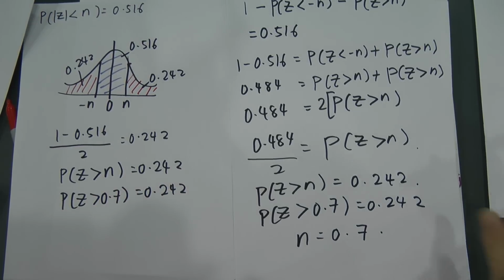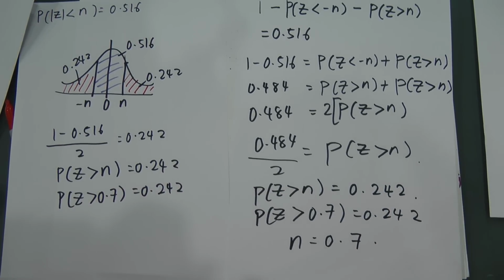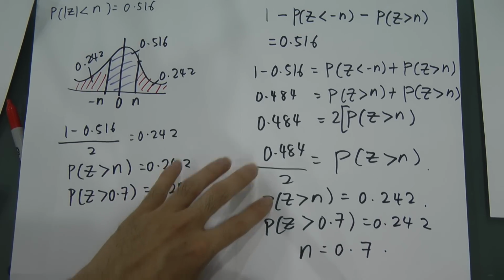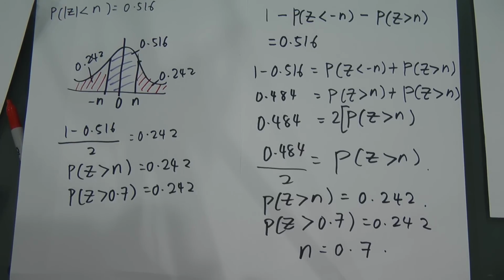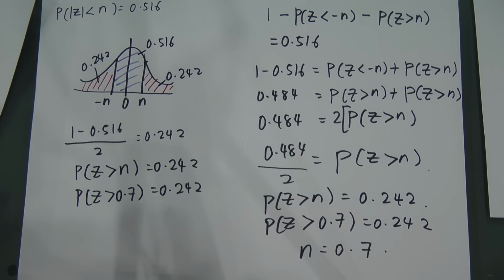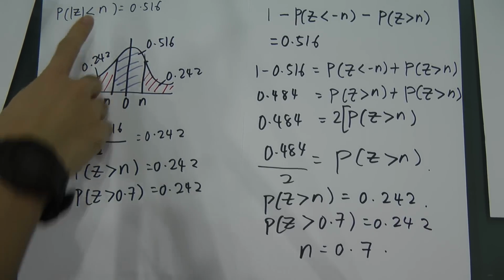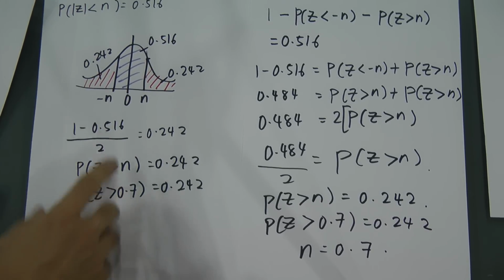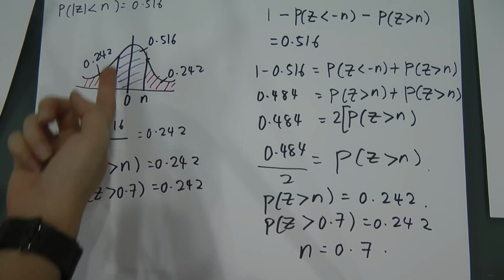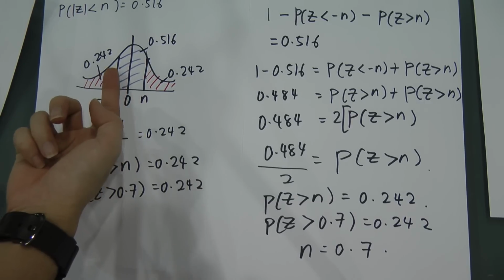Okay, this is the way to write it properly. So I hope these steps can give you some idea how to understand the whole diagram, and what is the meaning of smaller and what is the meaning of bigger. Smaller just means move this way. If this is negative n, smaller than negative n moves this way.